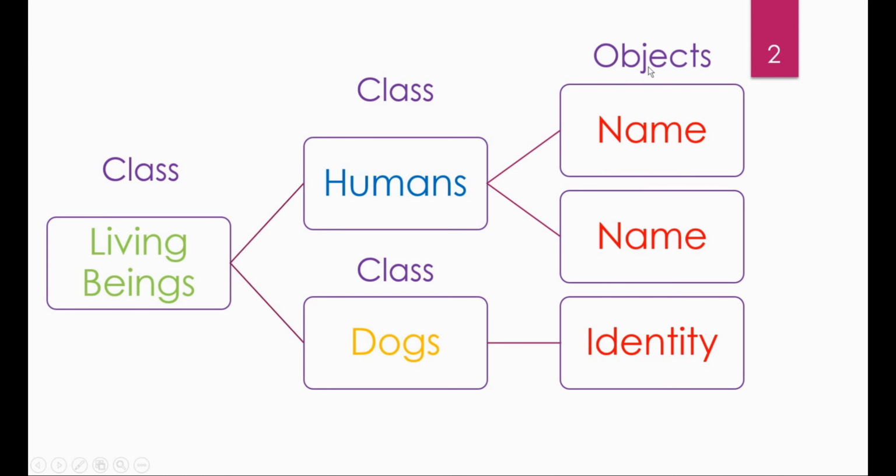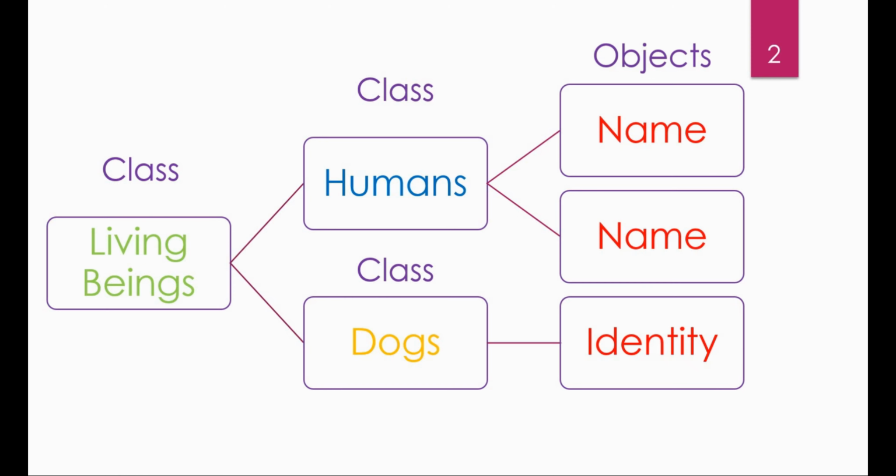So, as we had seen earlier, you and I are examples of objects, and our specific identities are our names. You and I, as objects, belong to this class, which is humans, and humans belong to another superior class or ultimate class, which is living beings. And so do dogs, and I am not really sure what dogs' specific identities are. I guess it's their smell.